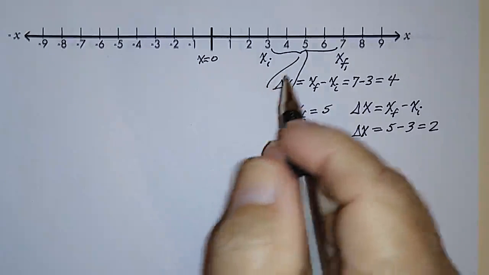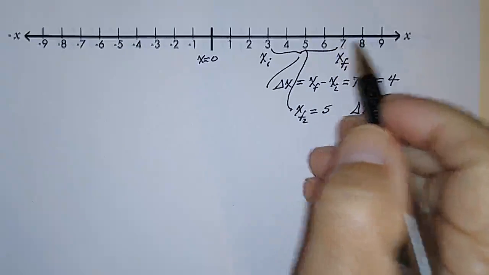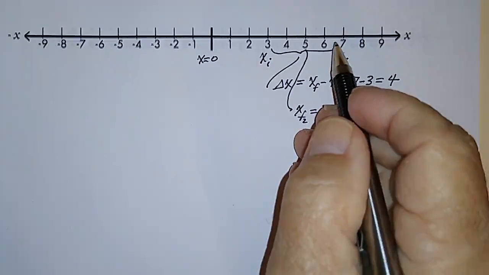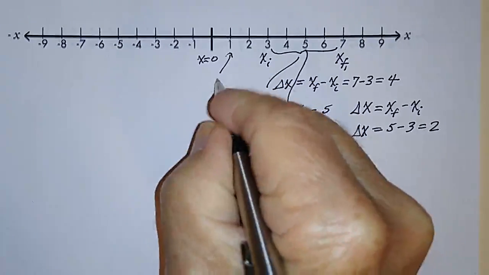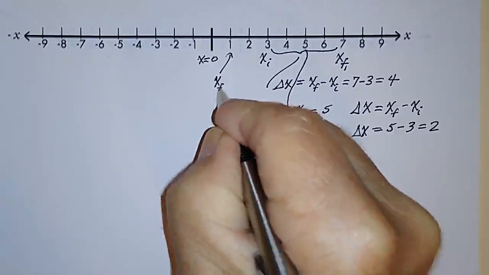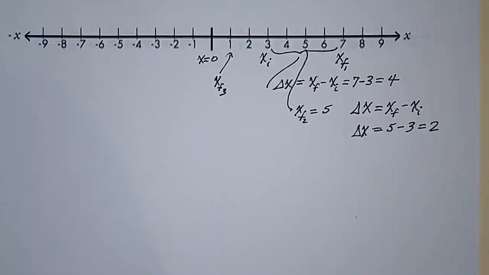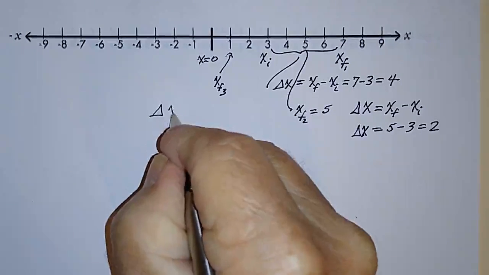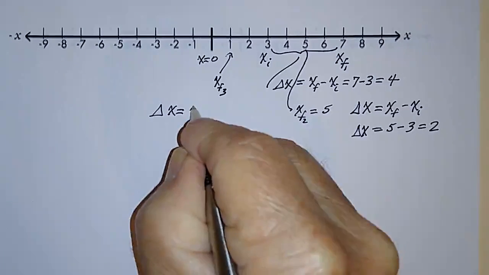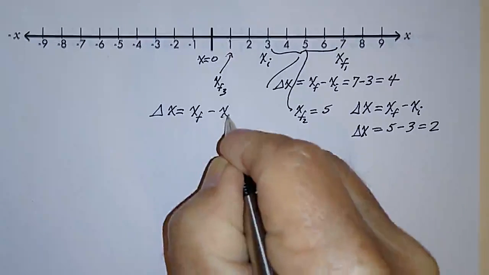But the displacement is just simply the final position minus the initial position. Well, let's take one more case and say that I went out initially to 7, it doesn't really matter, but I came back to 1. And let's say this one is x final 3. So delta x, the displacement, is equal to the final position, x final minus x initial.